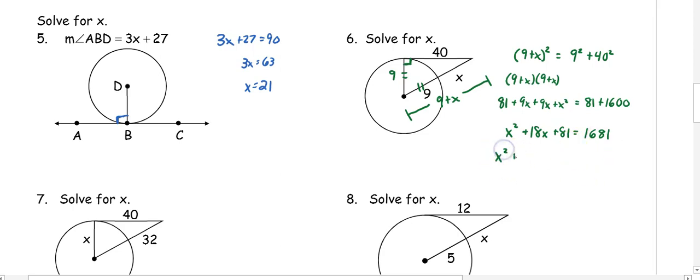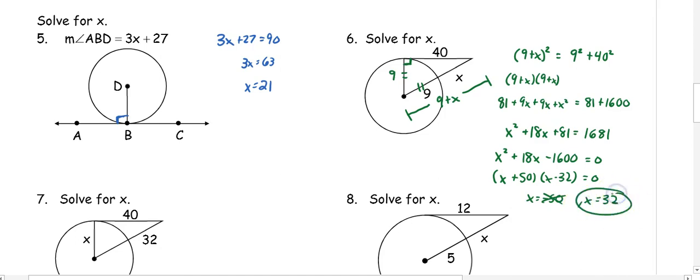So we would get x squared plus 18x minus 1,600 equals 0. So we need two numbers that multiply to negative 1,600 and add to positive 18. Those numbers are going to be x plus 50 and x minus 32 equals 0. So x is negative 50 or x is 32. Now 32 is the only one that's going to work because 50 can't be included since that would give us a negative length.